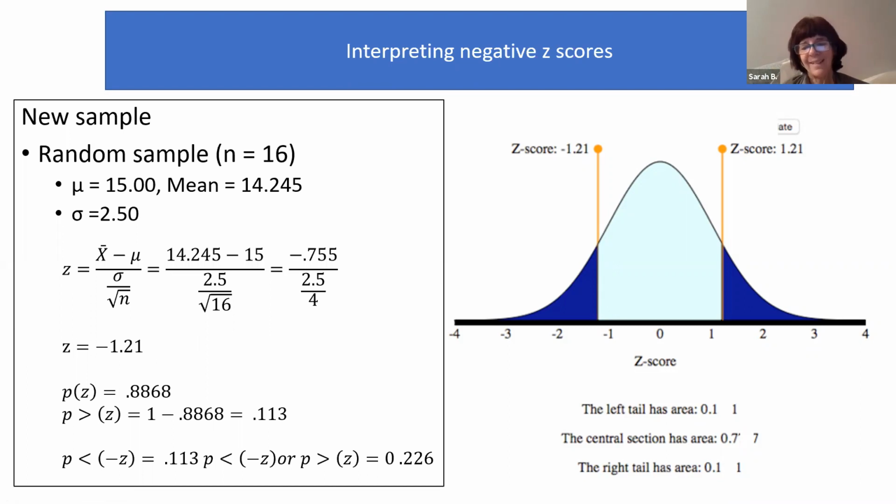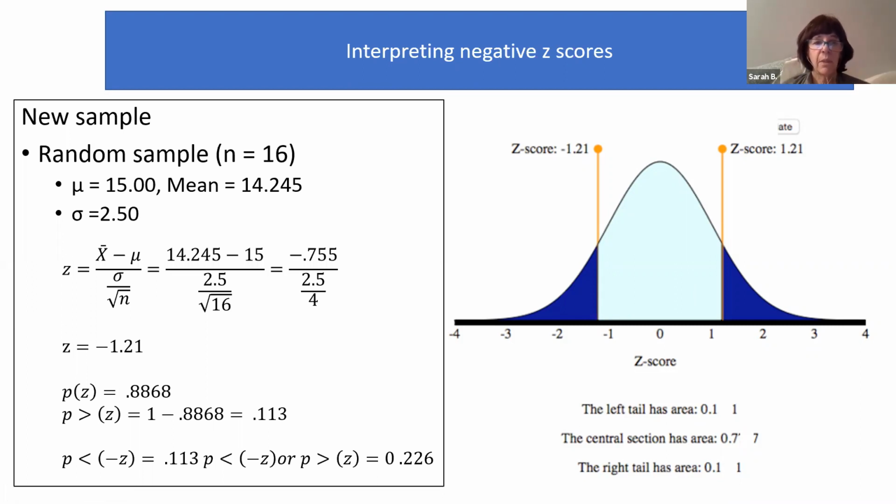Now, this has a very important application for later in the course, which is why I'm going through all these different ways of calculating probabilities in different areas of the curve. But that will be revealed.